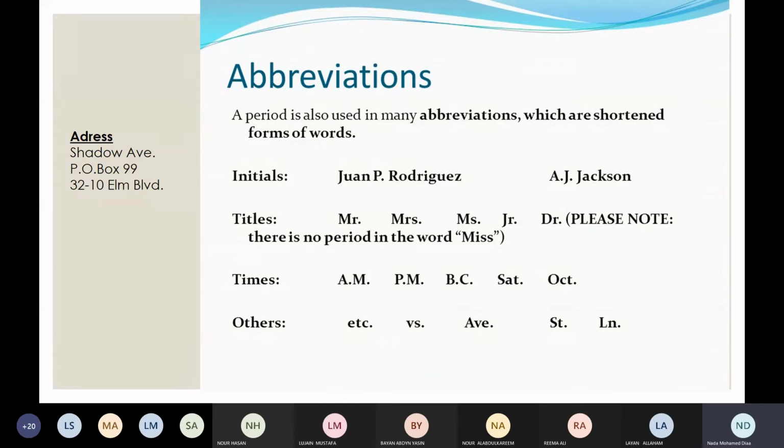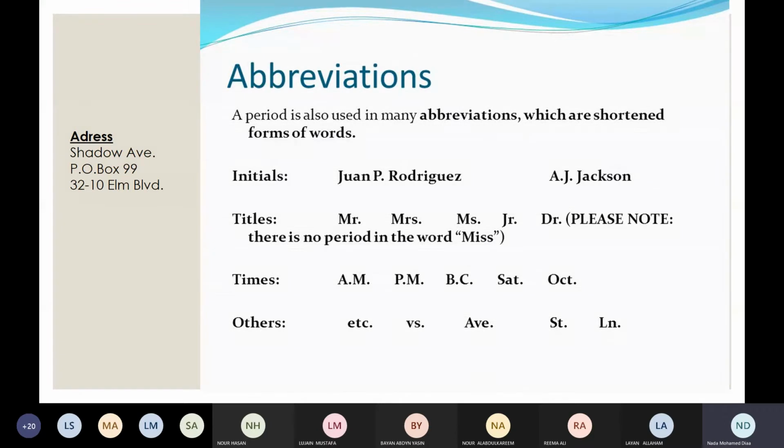So times AM and PM, and days: Saturday, Mon, Sun, Sat, Tues, and months. Jan, Feb, and others like etc. It ends with a dot. Versus: I write an essay about using technology versus using papers.